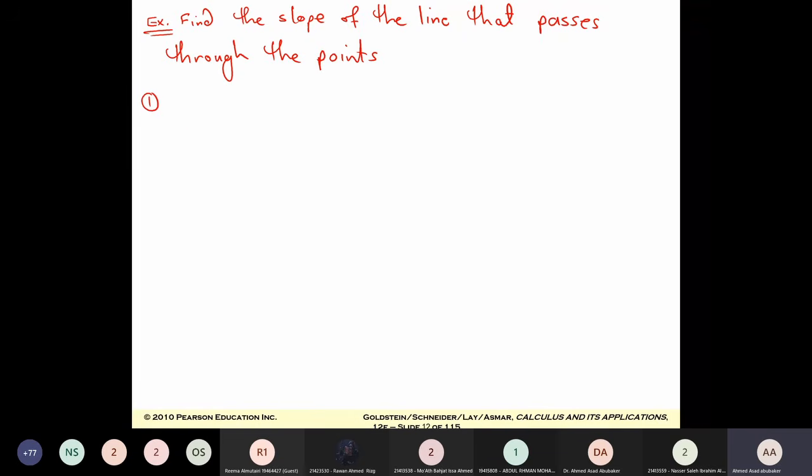Number 1, if we have, for example, (2, 10) and (4, -12).